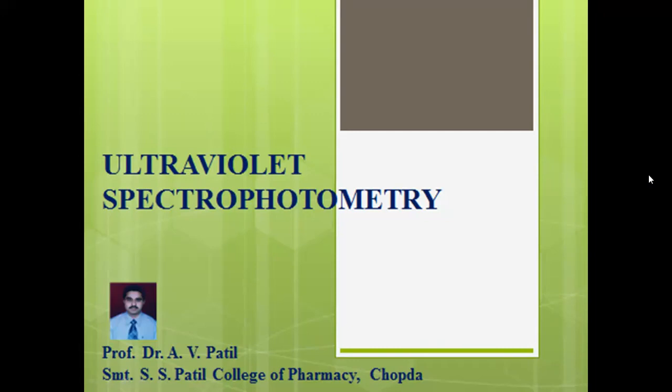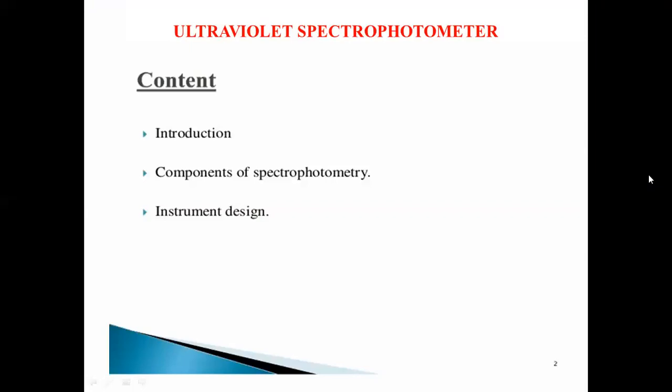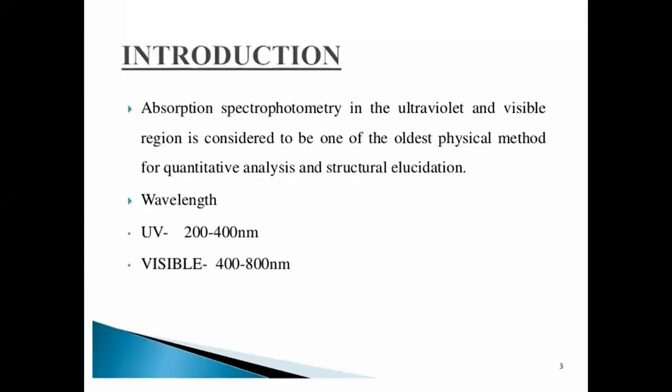So the UV spectrophotometer: the wavelength of ultraviolet radiation is 200 to 400 nanometer, whereas the visible range is 400 to 800 nanometer. So this is absorption spectrophotometry.